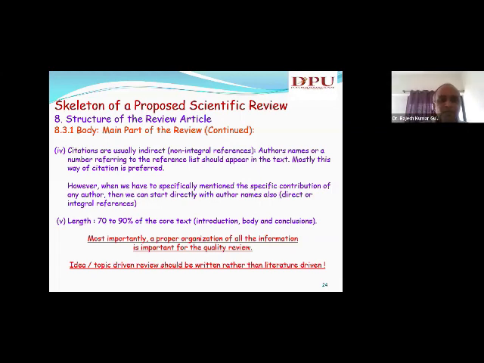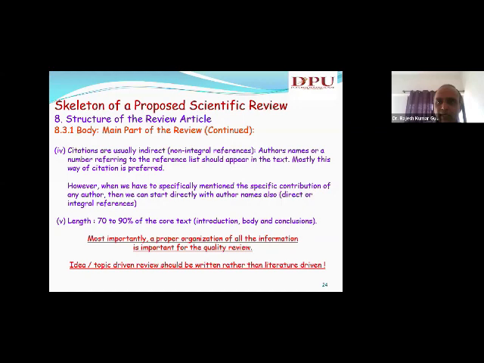And further, the length of the whole body should be 70 to 90% of the core text, which is introduction, body and conclusion. Most importantly, a proper organization of all the information is important for a quality review. Another important point: it should be an idea review rather than a literature review.